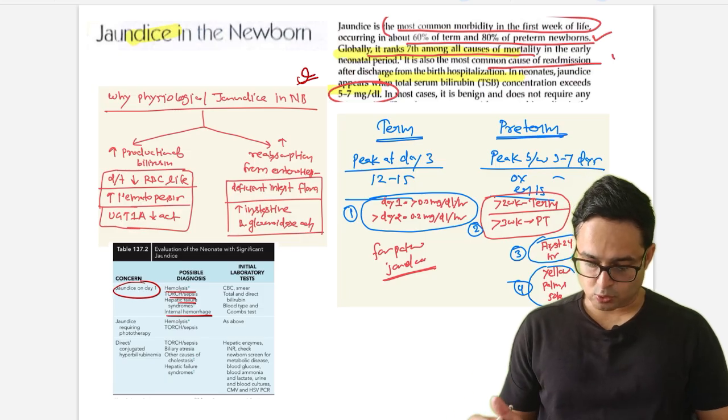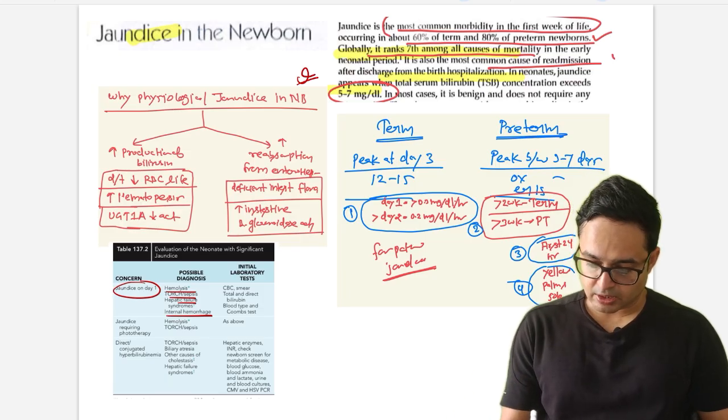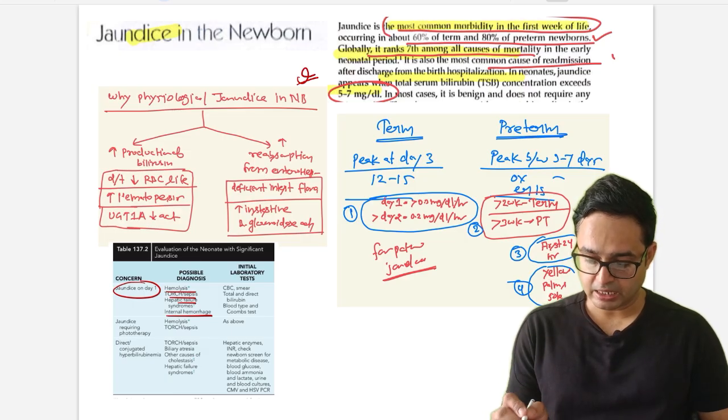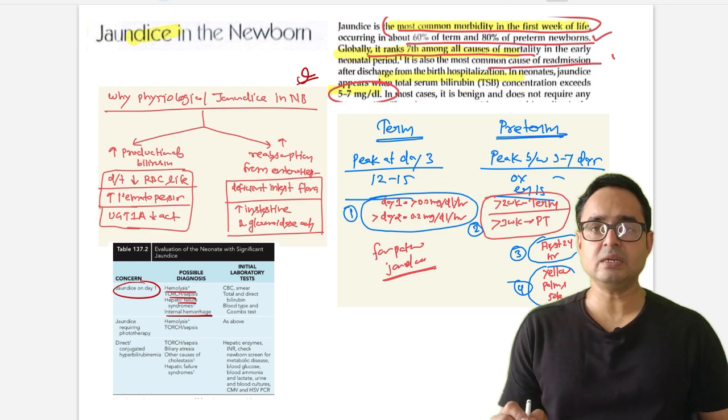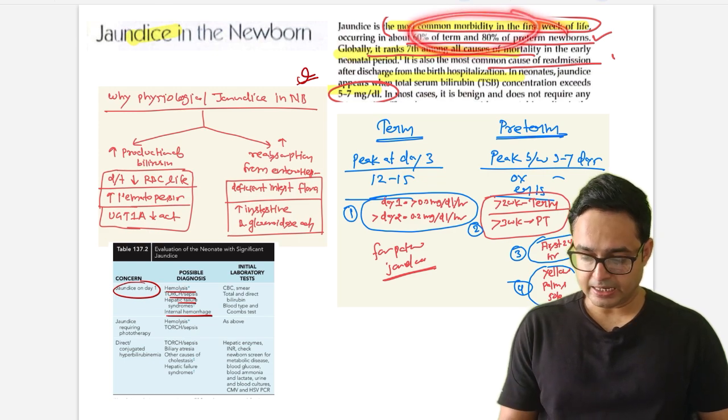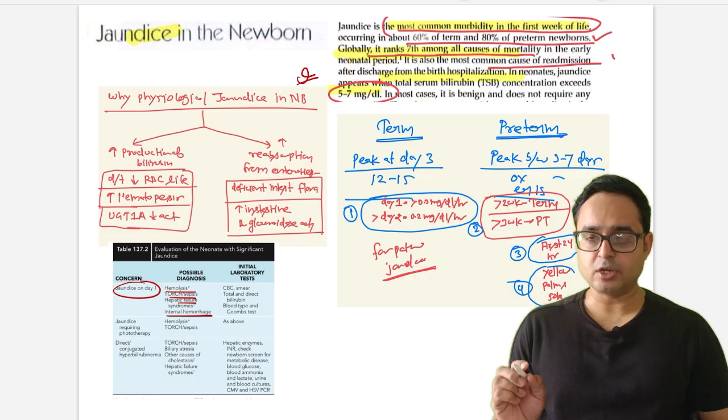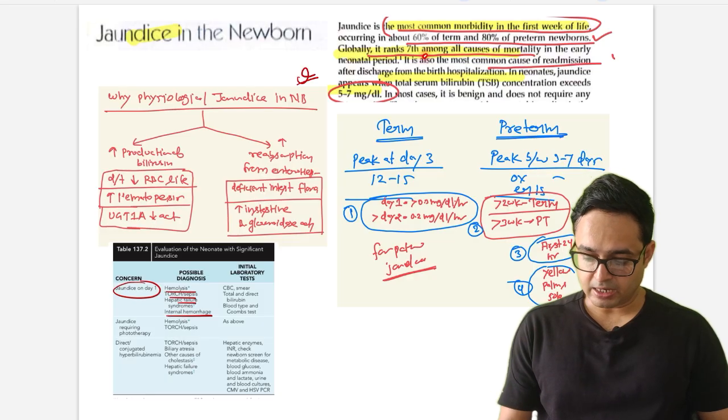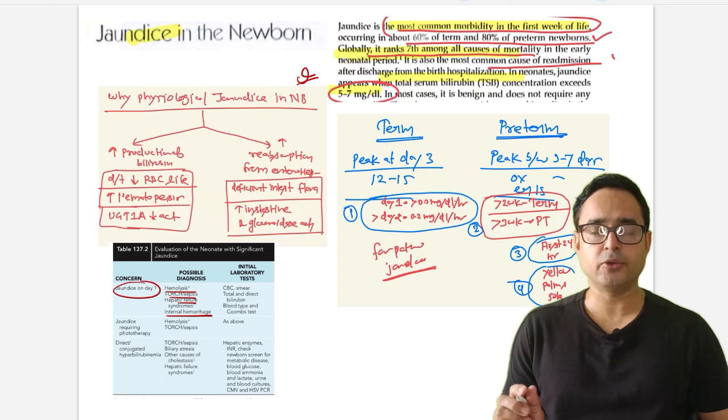In term, jaundice is generally the most common cause of morbidity in the first week of life. That is important. It occurs in about 60% of term and 80% of preterm newborns. Globally it ranks seventh among all causes of morbidity in the neonatal period.